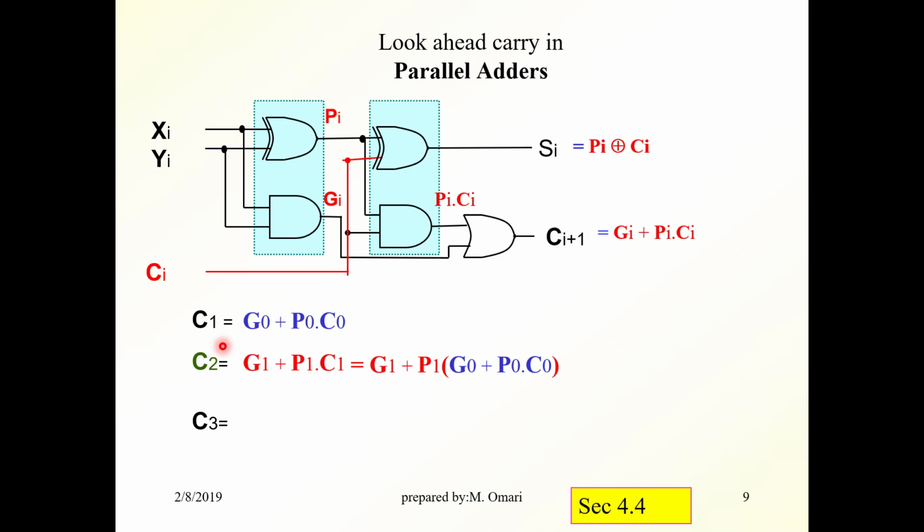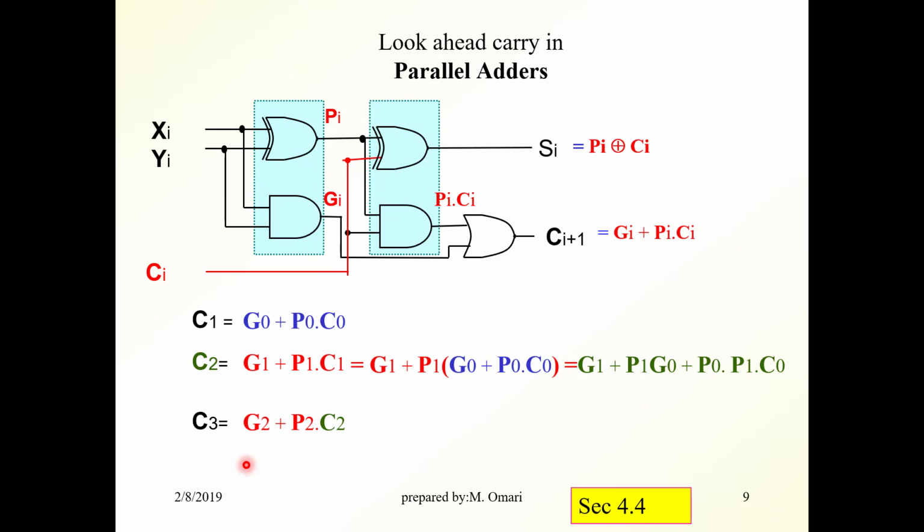It's available before. We do not have to wait for the output C1 to come in order to find out what C2 is, because C2 is given in terms of X and Y and C0 in this equation here. And this is it: G1 ORed with P1, G0 ORed with P0, P1, C0.